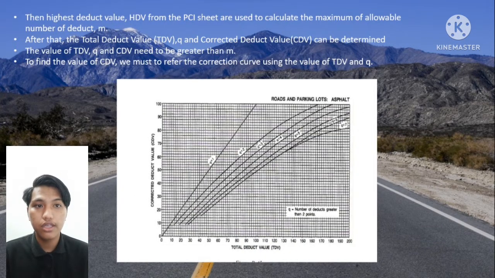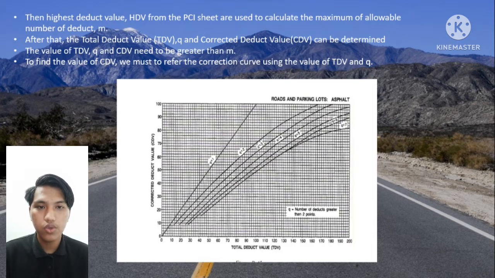Then the highest deduct value, HDV, from the PCI sheet is used to calculate the maximum allowable number of deducts, M. After that, the total deduct value TDV, Q, and corrected deduct value CDV can be determined. The value of Q must be greater than the value of M. To find the value of CDV, we must refer to the correction curve using the value of TDV and Q. As an example, the diagram shows the correction curve.